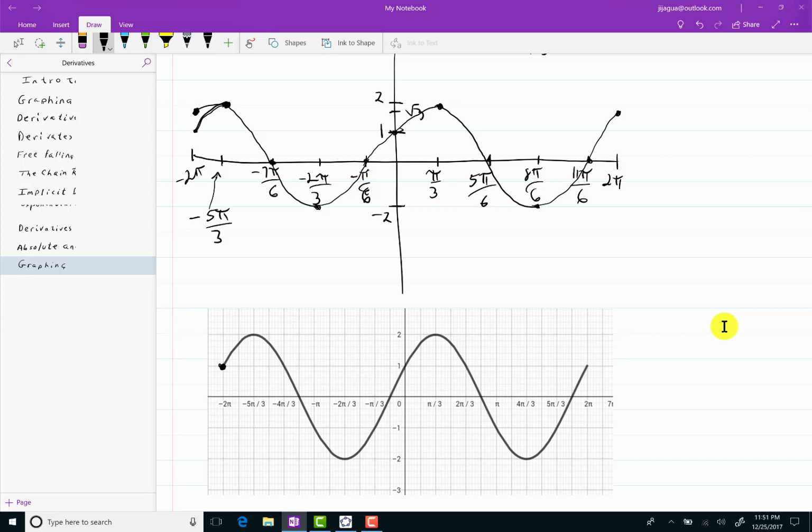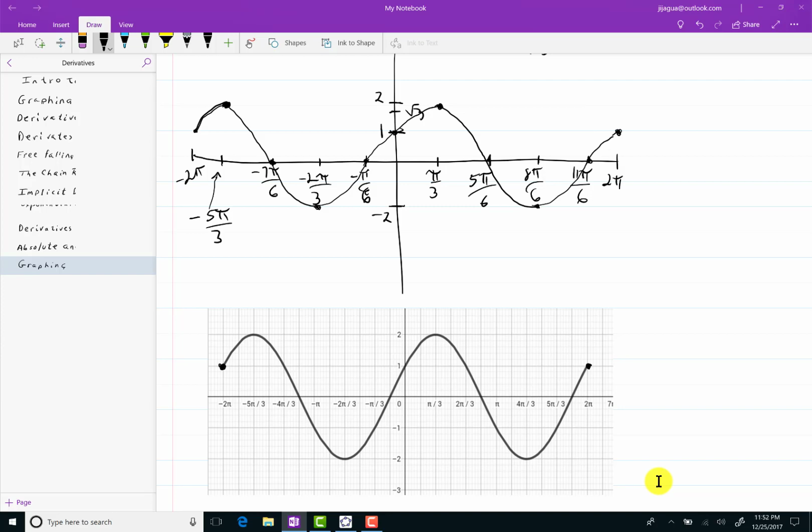And the other endpoint too needs to be fixed up because it ends also at 2 pi comma 1. I must have been thinking of the derivative when I came up with these points. So the radical 3 isn't even a thing. Get this out of here. It ends at 1. So it goes like this.